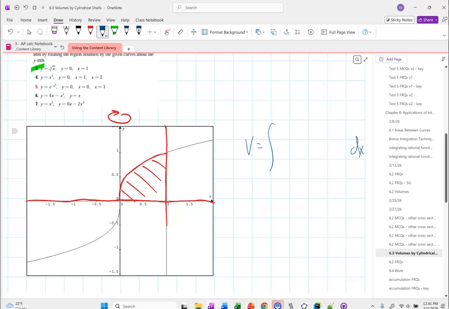DX problem, right? Radius drawn from the axis of rotation, back to the curve. Well, that's just x.